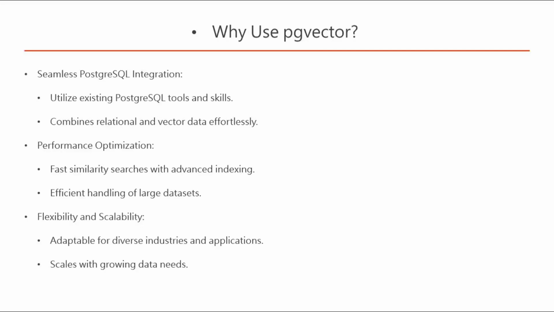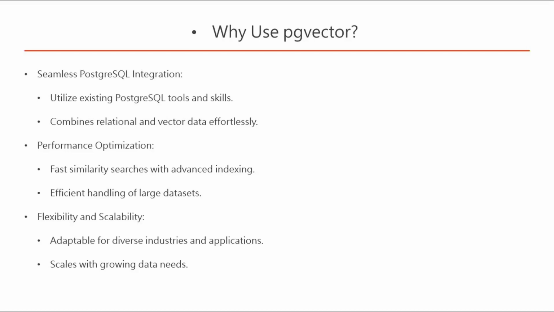And we will talk about why we use PG vector. First is PostgreSQL integration. Because I just said PG vector is a Postgres extension, it has high compatibility with PostgreSQL. It uses existing PostgreSQL tools and skills, and combines relational and vector data effortlessly.